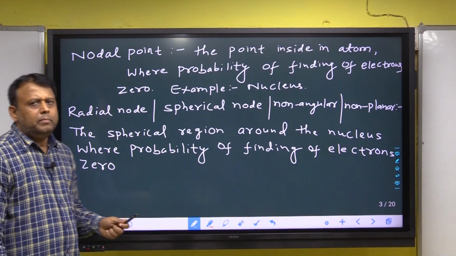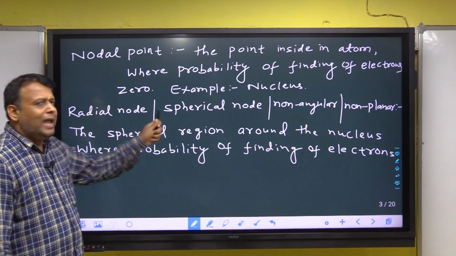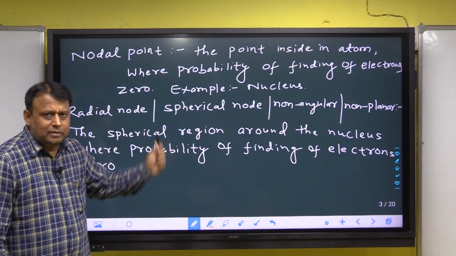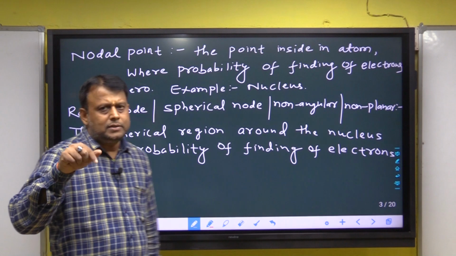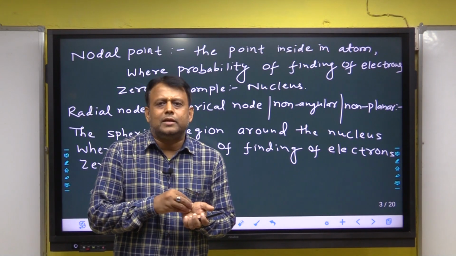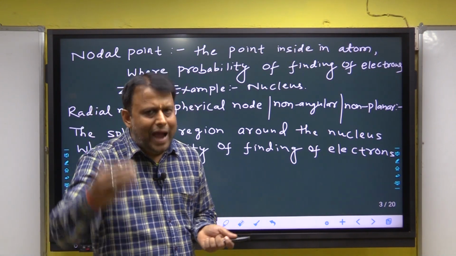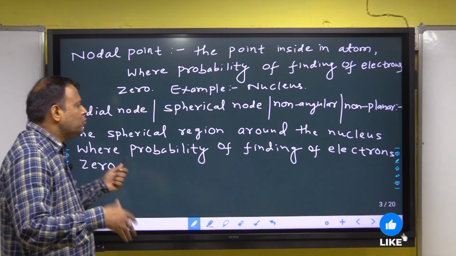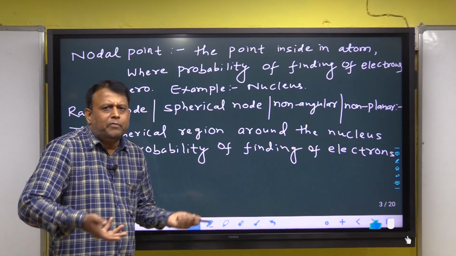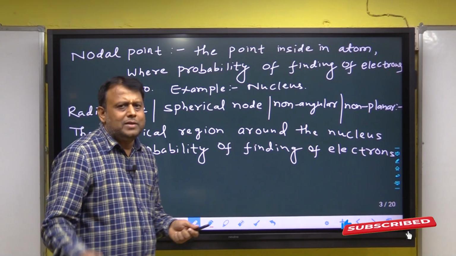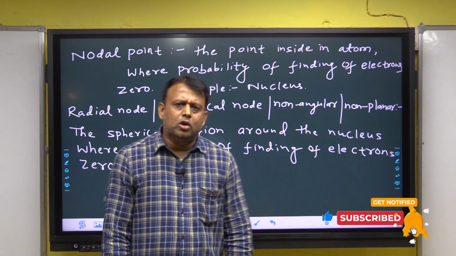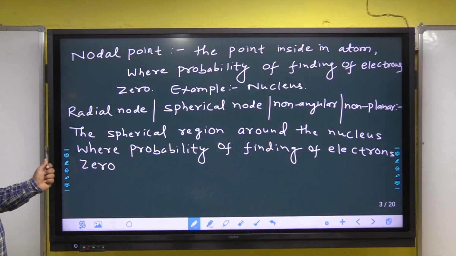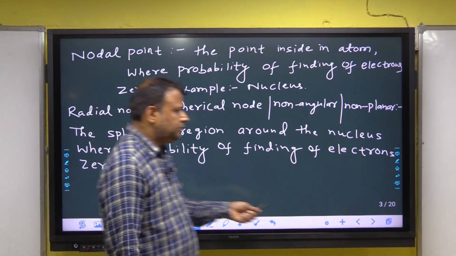And listen, the spherical region around the nucleus of an atom where the probability of finding an electron is 0 is the radial node. Clear?